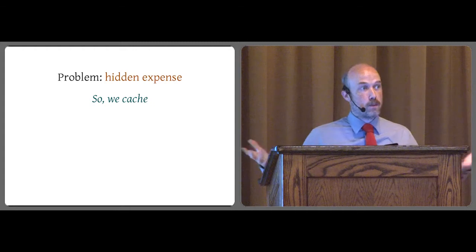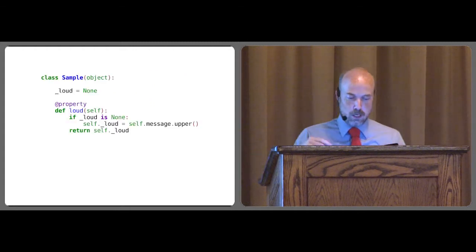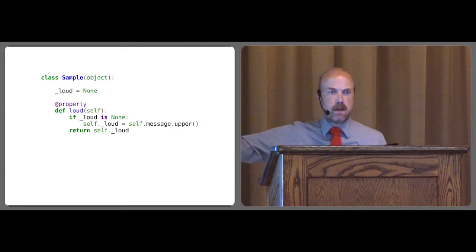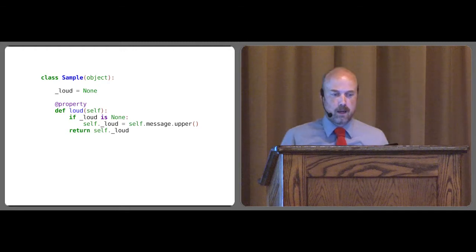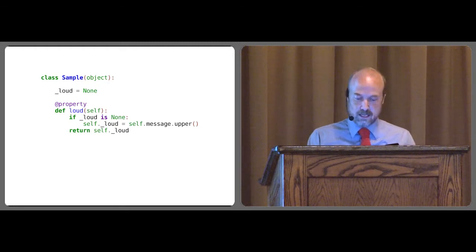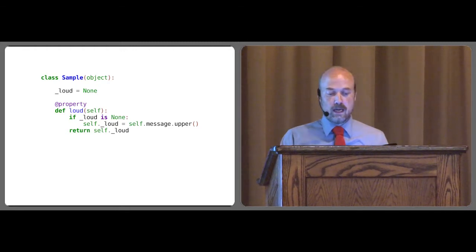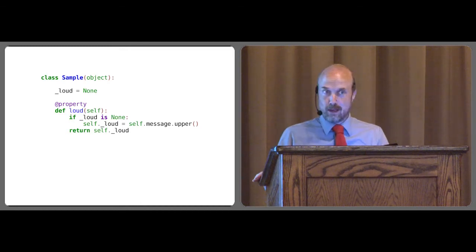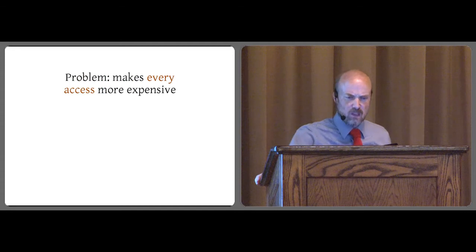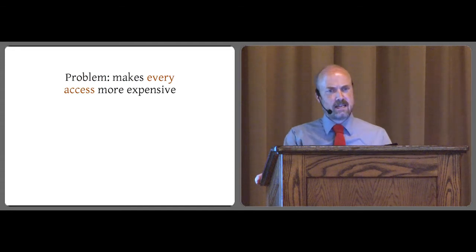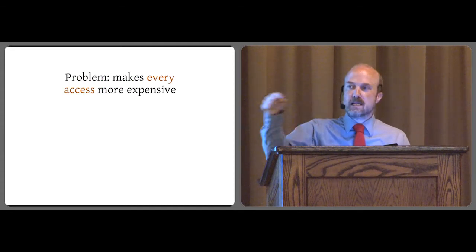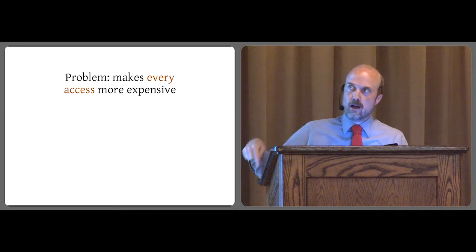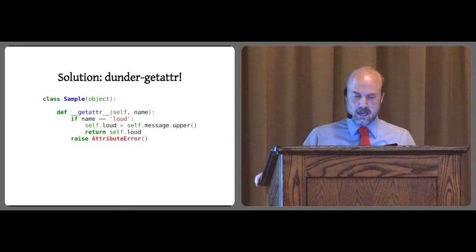So a lot of programmers cache the result after they compute it the first time, using maybe a non-public attribute like this. And that way you only incur the expense of .upper the first time they ask for the loud version of a message. The problem is that this makes every access a little more expensive, because it at least is going to involve a function call and the if statement.